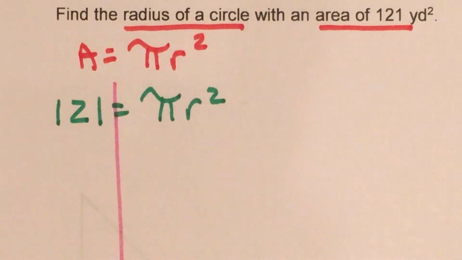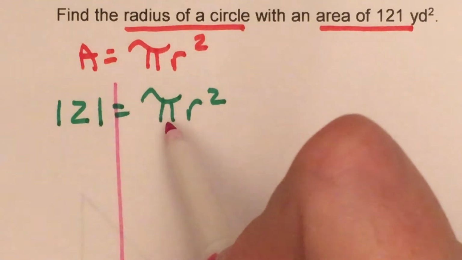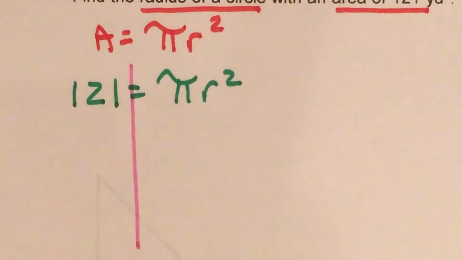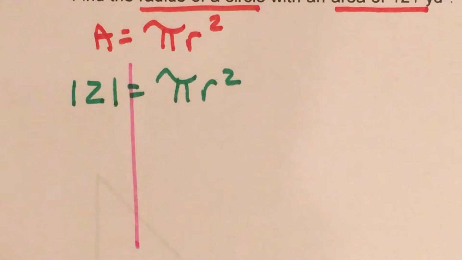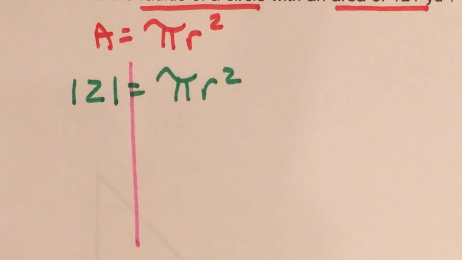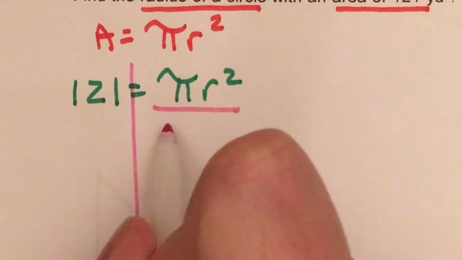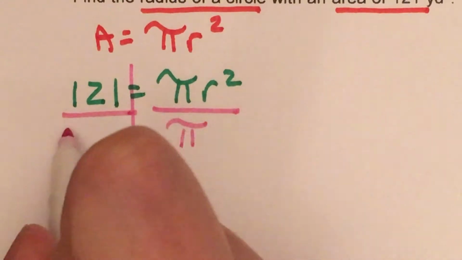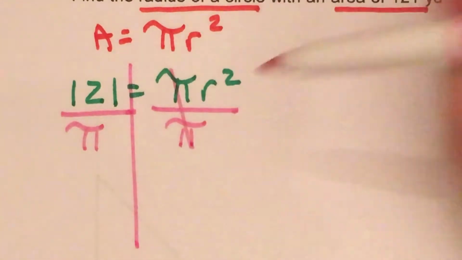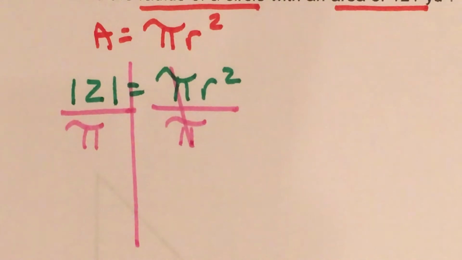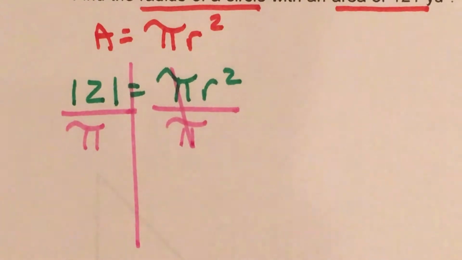What do I get rid of first? The pi. How do I get rid of the pi? Do I add it, subtract it, multiply it, or divide it? Divide it. You do the opposite of what it's doing right now. Okay?